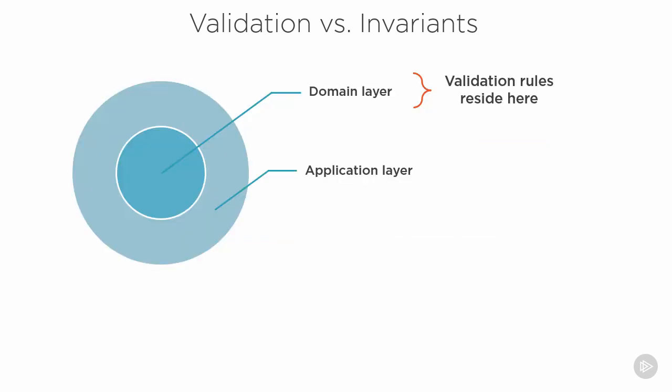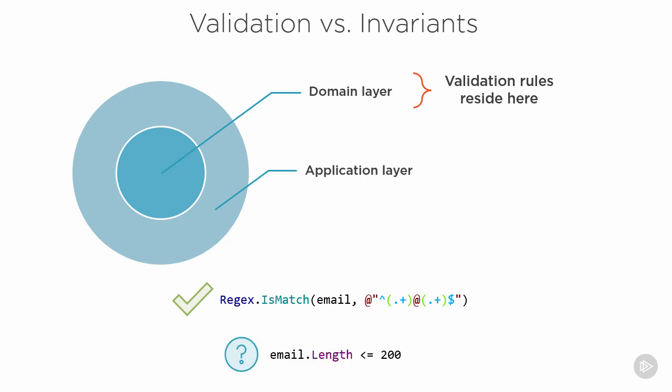Alright, this is quite a strong statement that all validation rules, even the simplest ones, belong to the domain layer. It probably makes sense to you that checking for the @ sign in an email string is part of the domain knowledge, but is it truly the case for really simple validation rules, such as checking for the maximum length of, say, a student name?